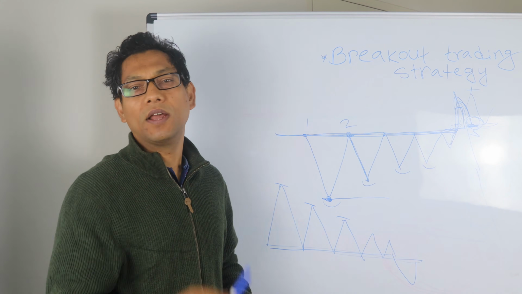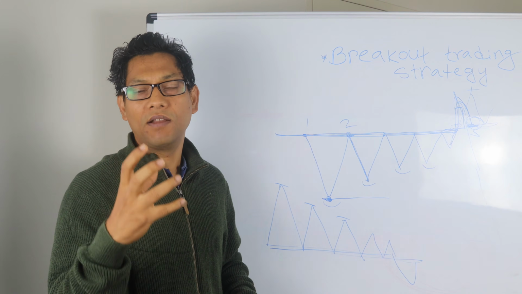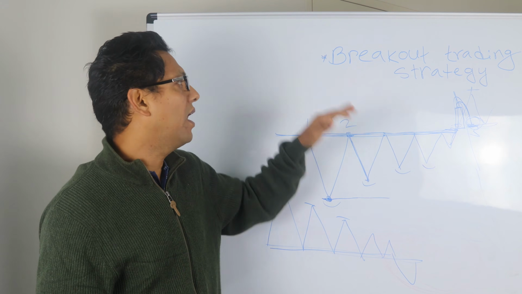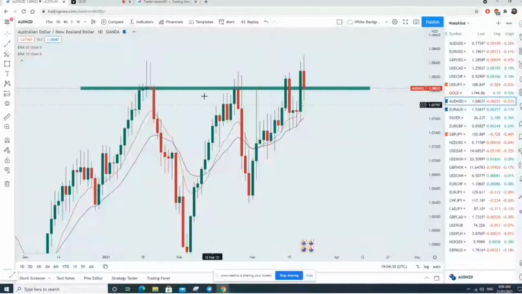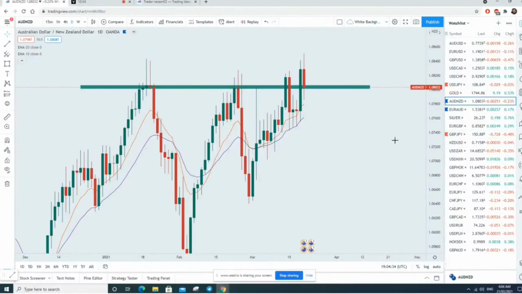Now let's get into the real chart and see a real example where we can apply this strategy. I'm going to show you an example now. This is Aussie New Zealand dollar in the daily time frame. So I have drawn a resistance on this instrument. Now the price came here. This is a recent chart.